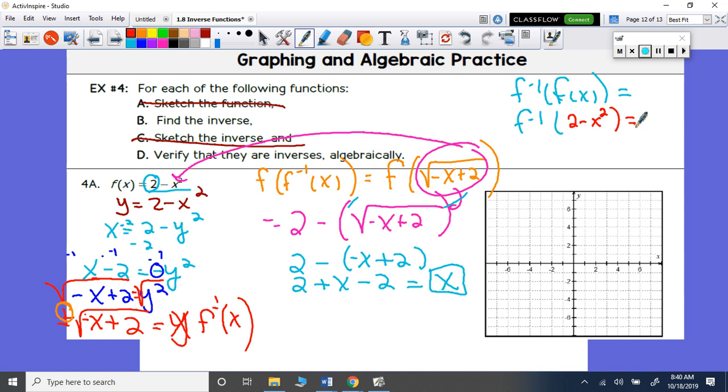So, my inverse is a square root of negative x plus 2. Instead of x, I'm going to put in 2 minus x squared plus 2. When you do your arithmetic, everything's going to cancel and you're left with a square root of x squared, which is x. And when you prove both compositions equaling x, you have a function.